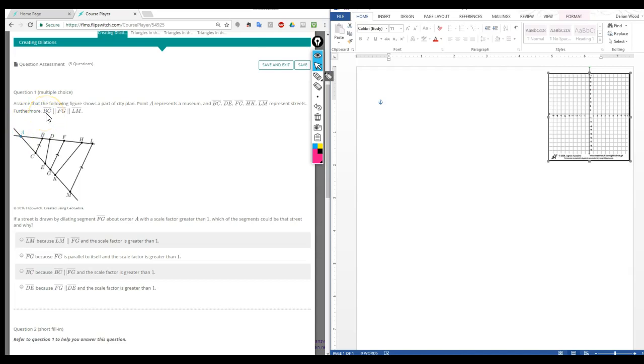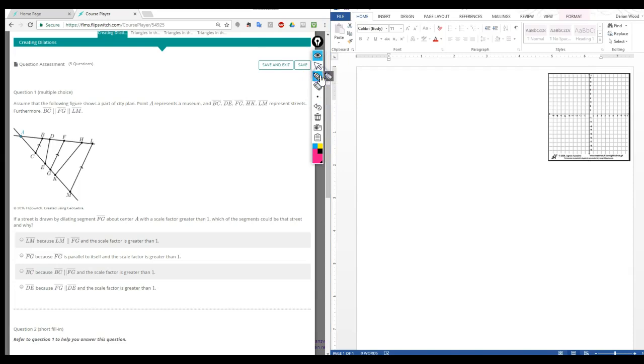Furthermore, segment BC is parallel to segment FG, is parallel to segment LM. If a street is drawn by dilating segment FG about center A with a scale factor greater than 1, which of the segments could be that street and why?